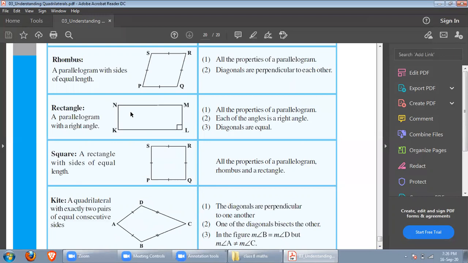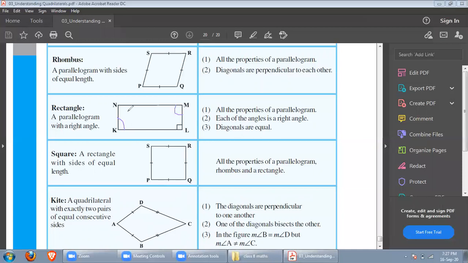Now the third is rectangle. A rectangle is a parallelogram where one of the angles is 90 degrees. If one of the angles is 90 degrees, all the other three angles will also be 90 degrees. How? Because if this angle is 90 degrees, this angle will also be 90 degrees, since rectangle is also a parallelogram and the opposite angles are equal.